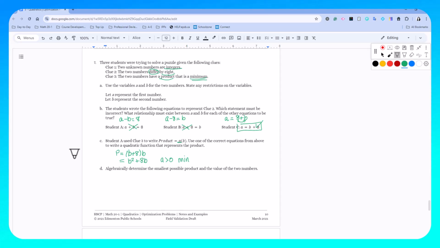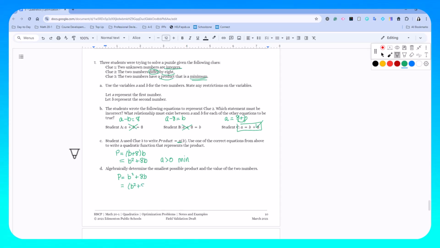Well, we can do this a couple of ways. In the notes, I've used the standard form to find that x equals negative b over 2a. But we can also do this by completing the square.